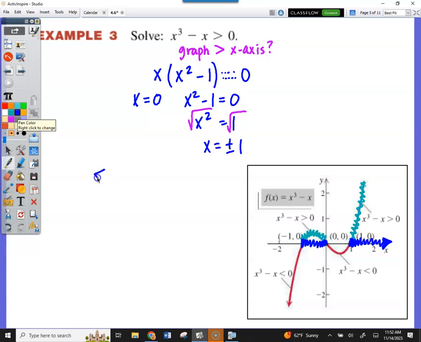All right, we've got -1, 0, 1. Open or closed? Open. We already know where to highlight, but if you need help, just pick a number and plug it in.